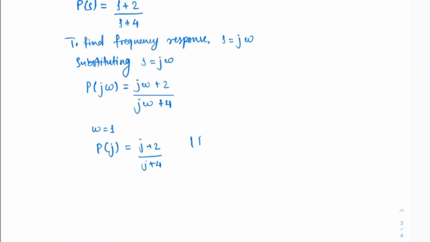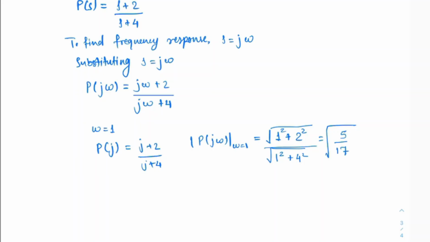So if we take the magnitude of P(j omega) at omega equals 1, this would be the square root of 1 squared plus 2 squared, divided by the square root of 1 squared plus 4 squared. So this would be the whole square root of 5 by 17. It comes out to be 0.542.